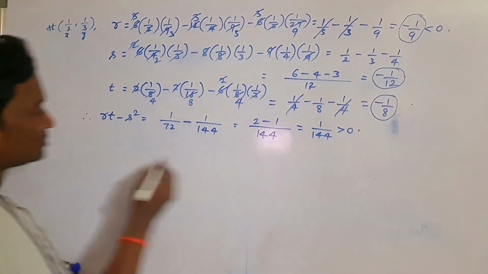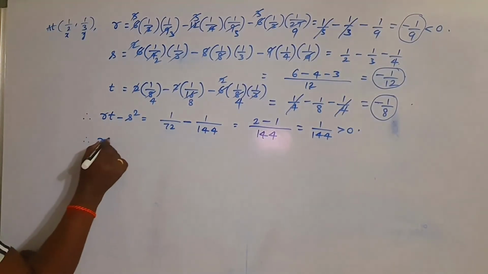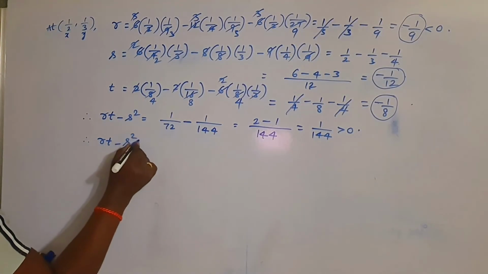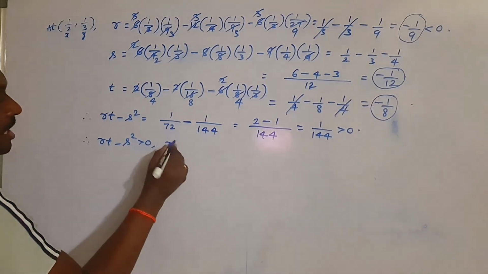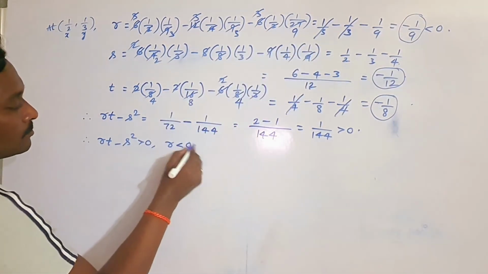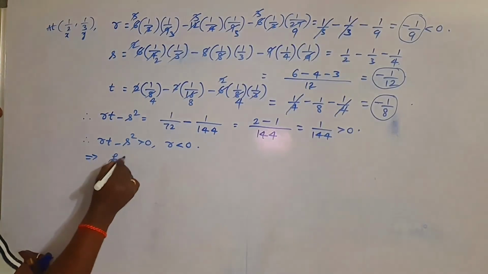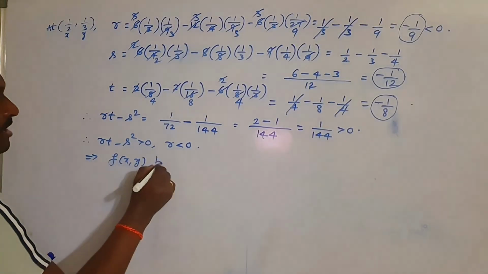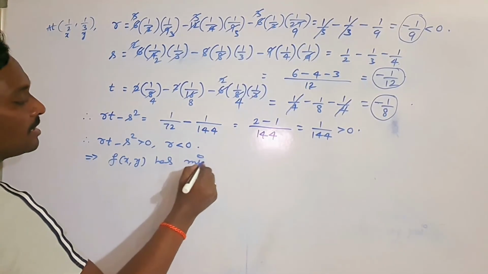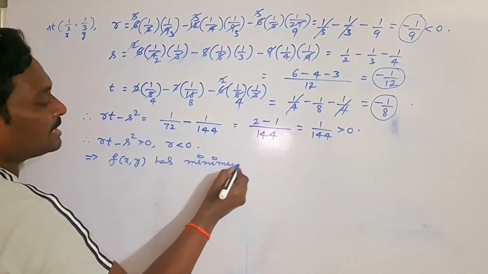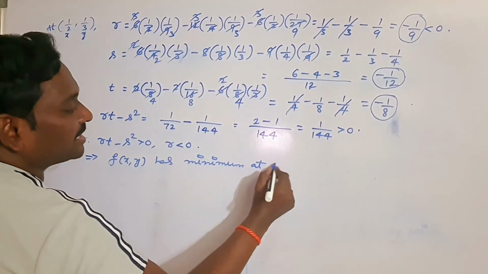So it is positive. What is our investigation here? We are observing that RT minus S square is positive and R is negative. So our function has minimum, f of x, y has minimum at a stationary point.